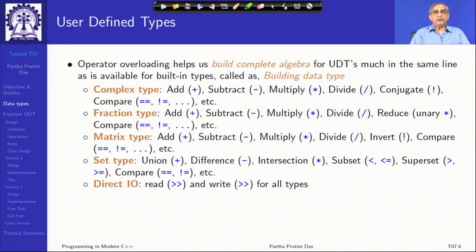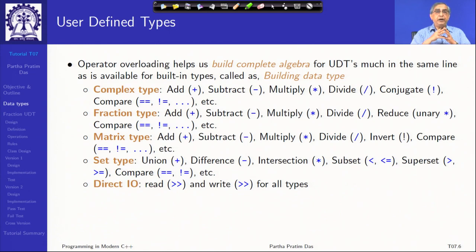There could be matrix types which deal with matrices, their addition, subtraction, inversion, square matrices, vectors and so on and so forth. There could be a set type for union, intersection, difference and so on. There could be several other types like a polynomial type, there could be a rectangle type, right.